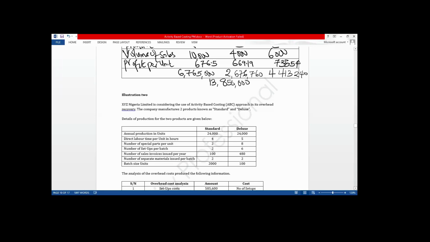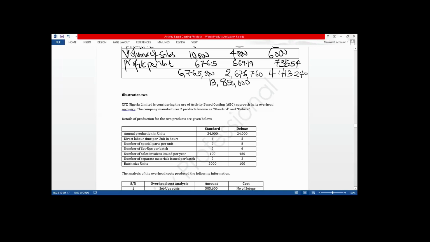Direct labor time per unit in hours, 4 hours for standard, 5 hours for doulos. Number of special parts per unit, 2 for standard, 8 for doulos.